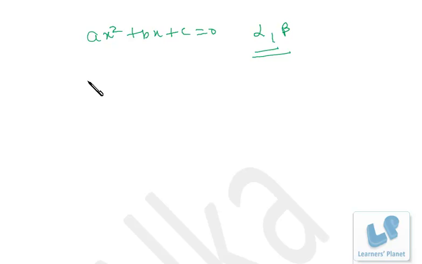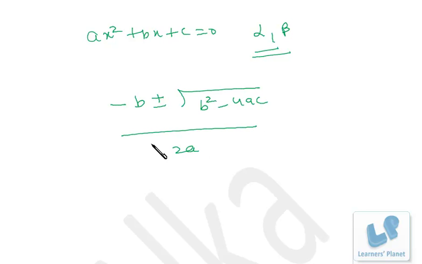The solutions of this quadratic equation are alpha and beta. There will be two solutions, given by minus b plus minus square root of b square minus 4ac, by 2a.